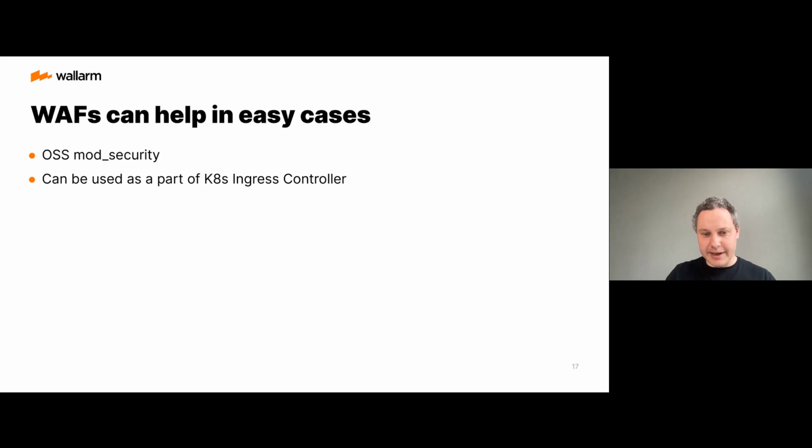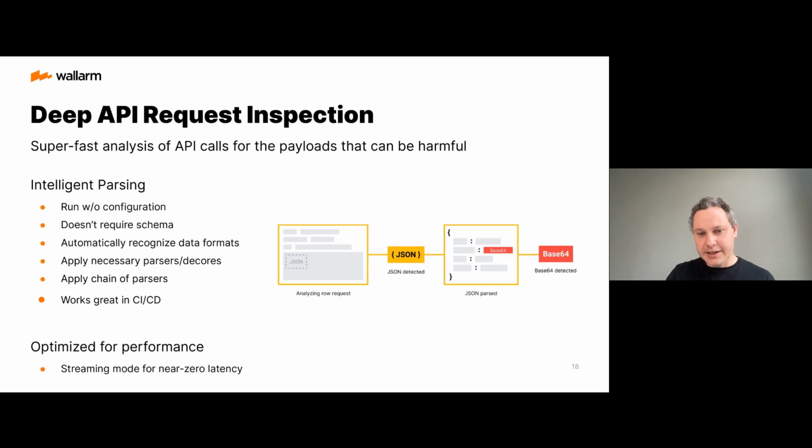For example, when you have JSON and there is something encoded in base64, that data would be hidden. WAFs wouldn't see it and wouldn't be able to do anything about that. So I encourage you to think about this option, but be aware that you won't have a lot of capabilities.